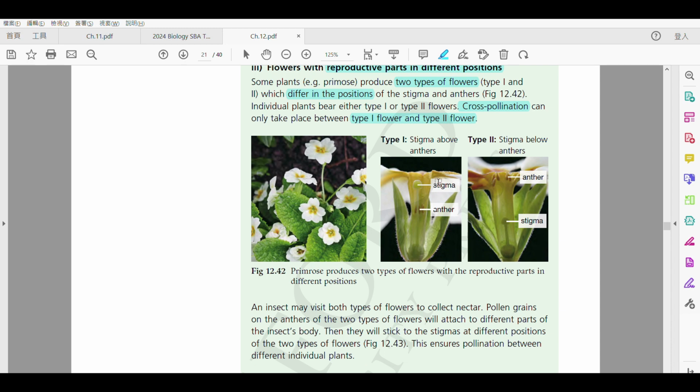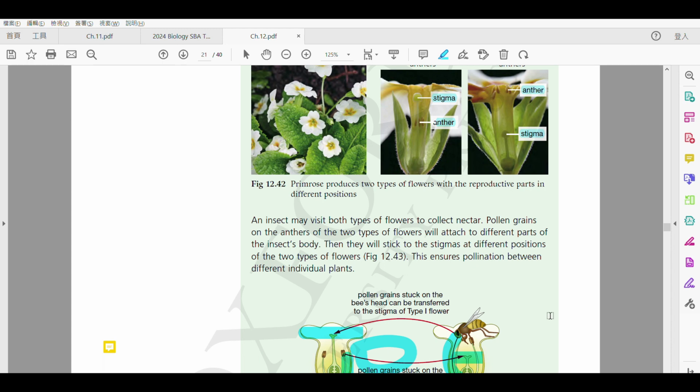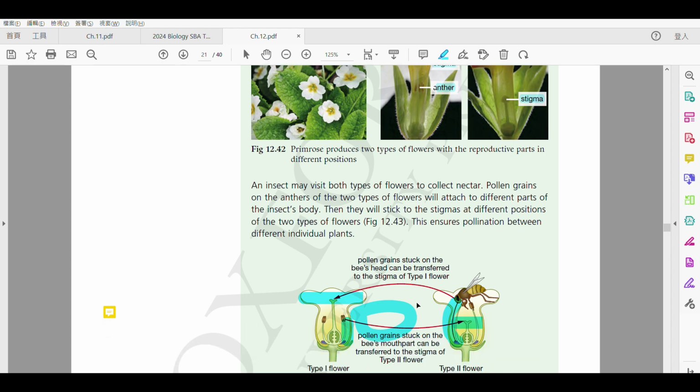This one, as you can see, the stigma is on the upper half of the flower, anther is on the lower half. But on the other hand, this is the type 2 flower, with the anther on the upper half, stigma on the lower half. Very much like this example. So you can see that anther will attach to different parts of your insect body. OK?